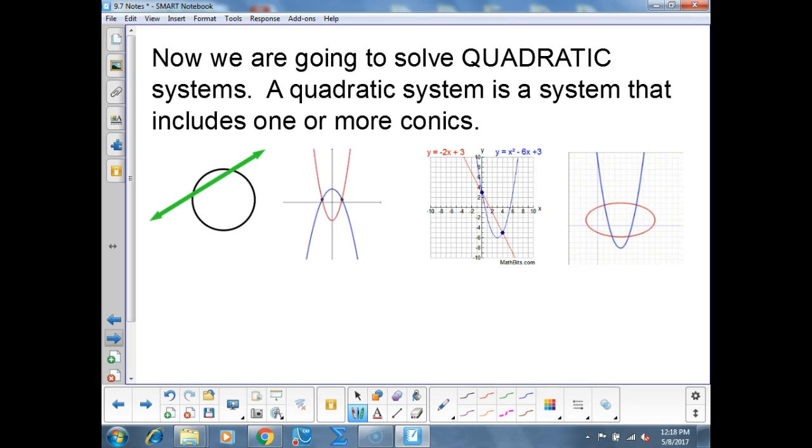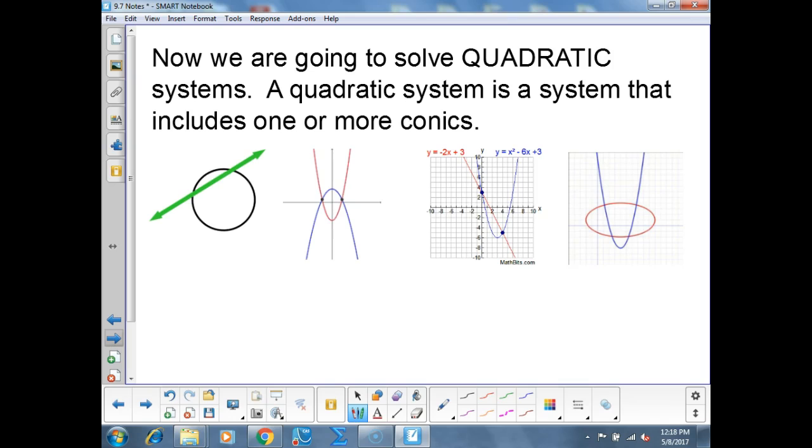Any combination of the 5. We'll have lines, parabolas, circles, ellipses, and hyperbolas. Any combination of 2 of those will be what we're dealing with.